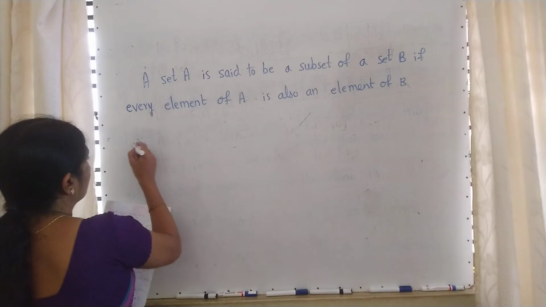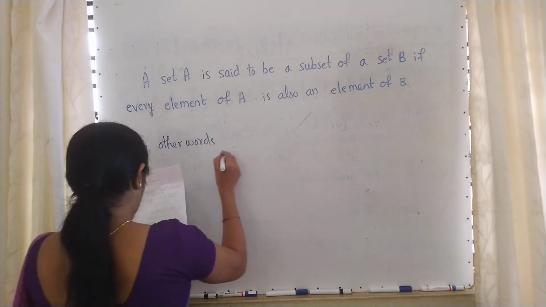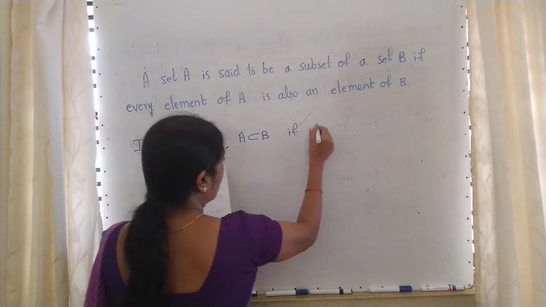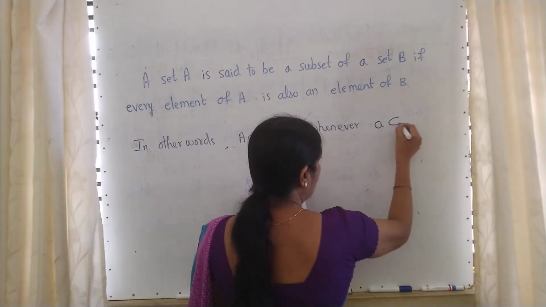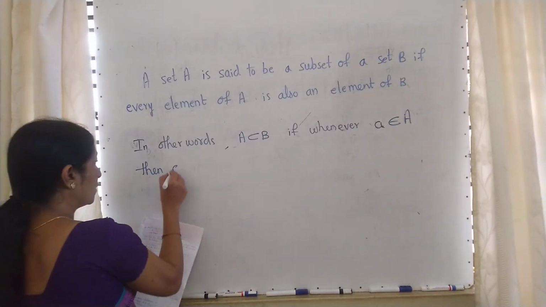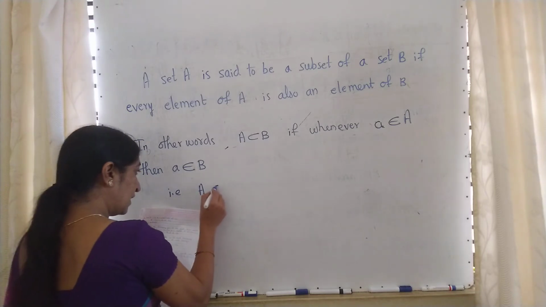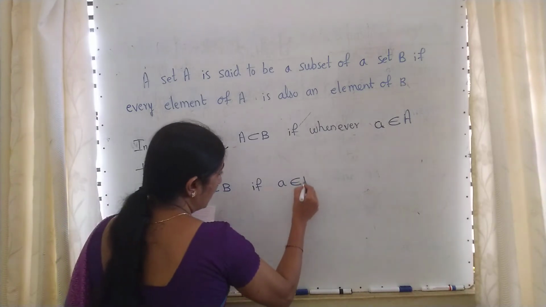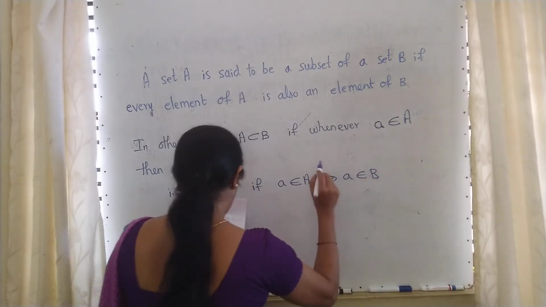In other words, A is a subset of B if whenever a is an element of A, then it is also an element of set B. That is, A is a subset of B if element a belongs to A implies it also belongs to set B. This is very important.